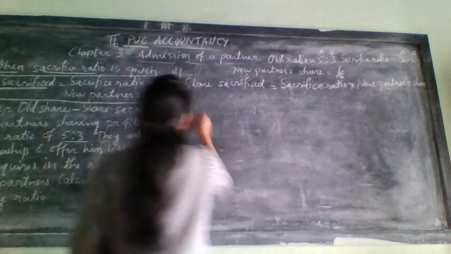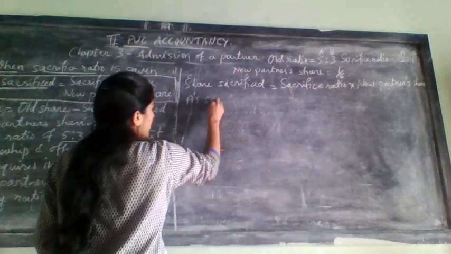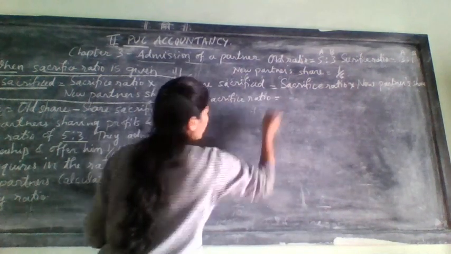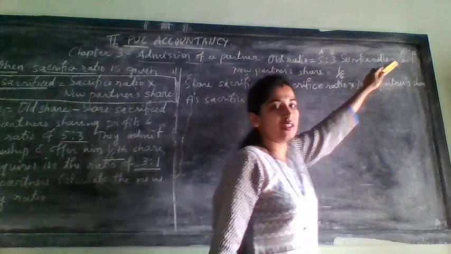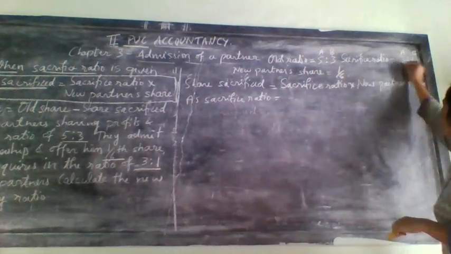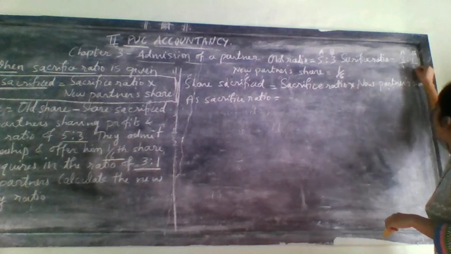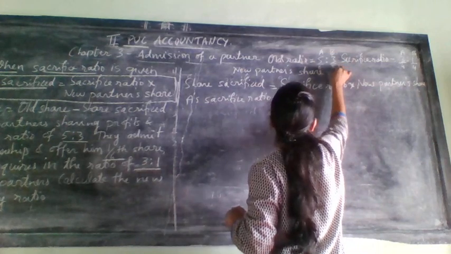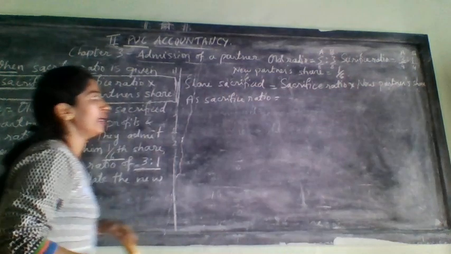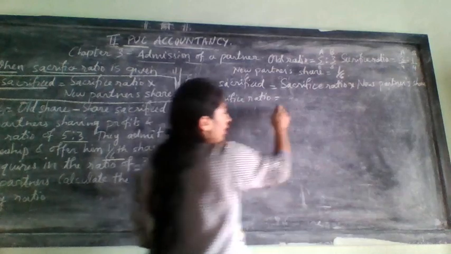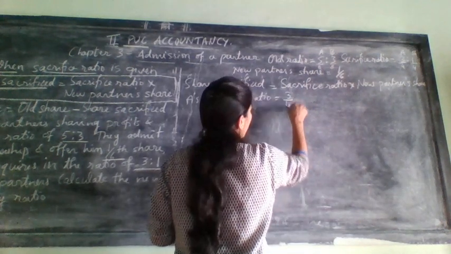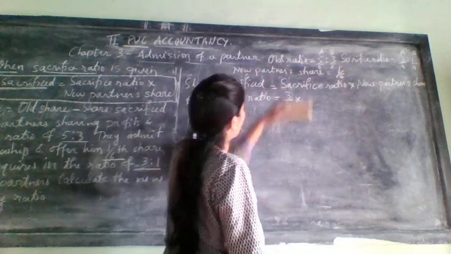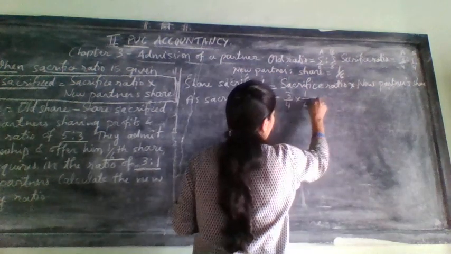Let us do it for the first partner, A. A's sacrifice ratio is 3, right? 3:1 means 3/4 and 1/4. And the old ratio is 5/8 and 3/8, since 5 plus 3 is 8. So A's share sacrificed is 3/4 into the new partner's share, 1/6.